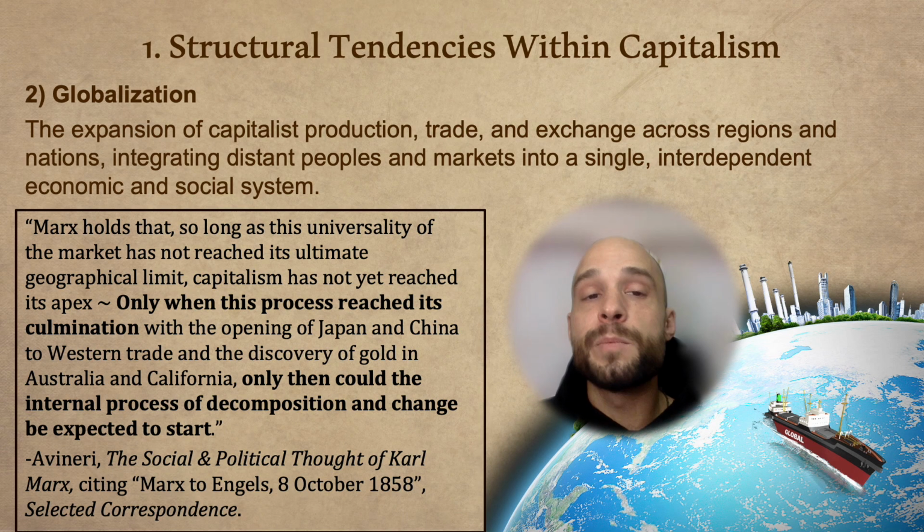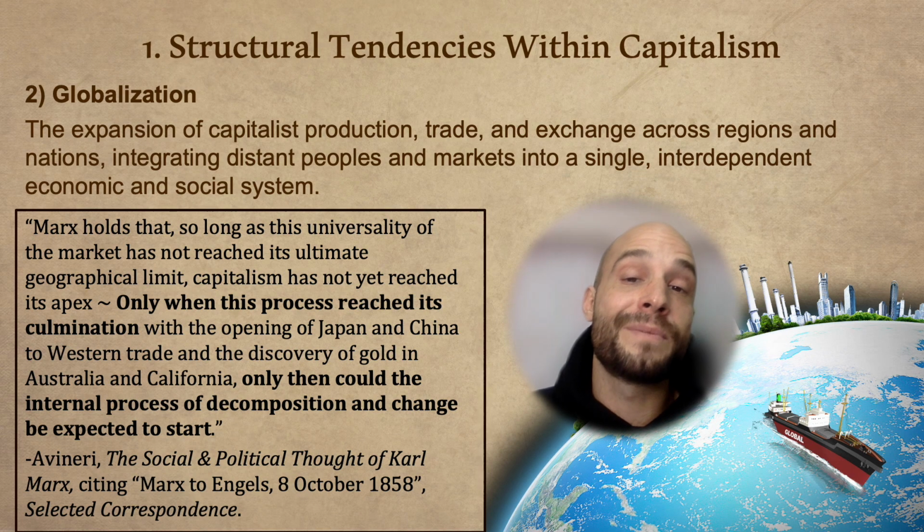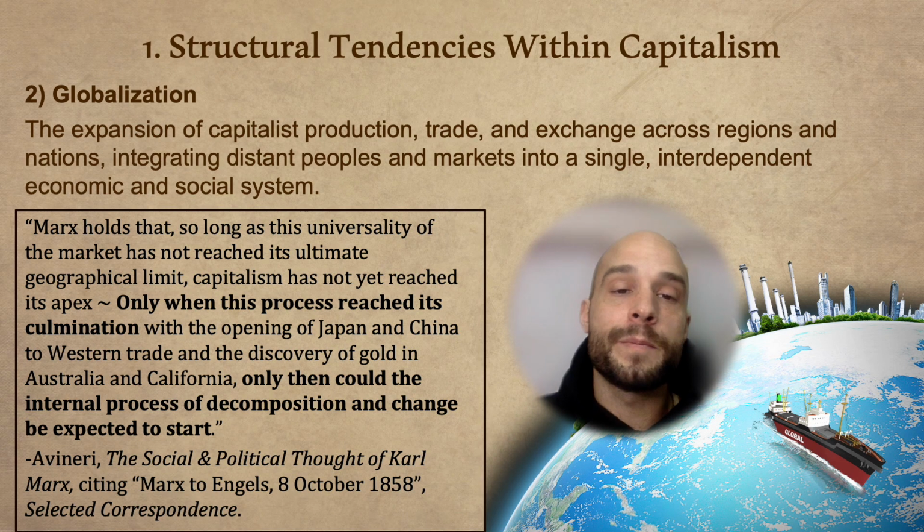Only when this process reached its culmination with the opening of Japan and China to Western trade and the discovery of gold in Australia and California, only then could the internal process of decomposition and change be expected to start."